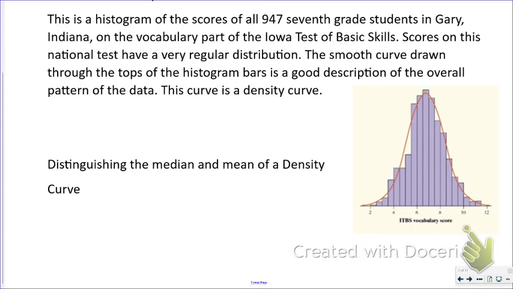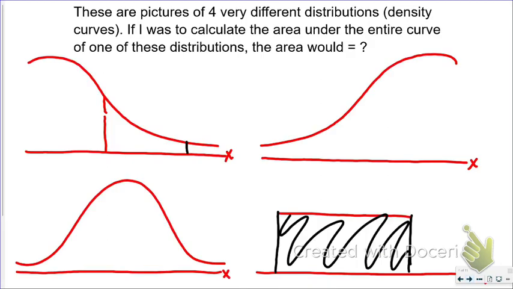Distinguishing the median and mean of a density curve. In the space you have on your paper, you wrote some about bell curves, but I also intended us to talk about this right here. So we've already talked about how the mean and median are different depending on the shape.